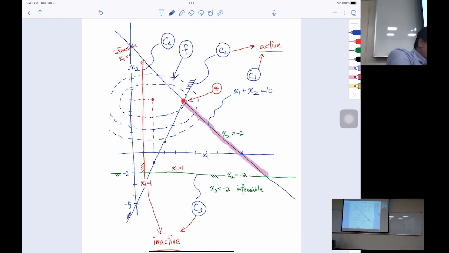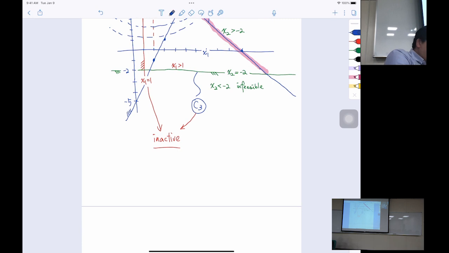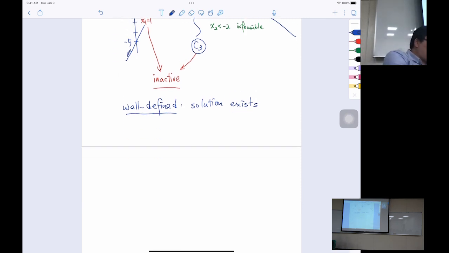So sometimes we will say if the design space is well defined. When we say it's well defined, that means the solution exists. Let's say I try to solve a problem, minimize x.